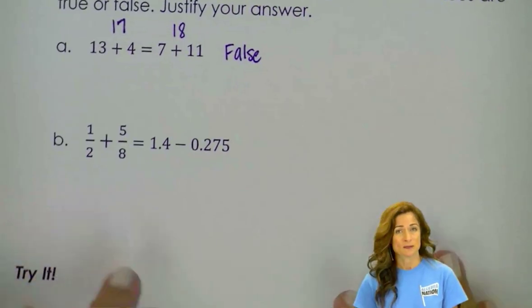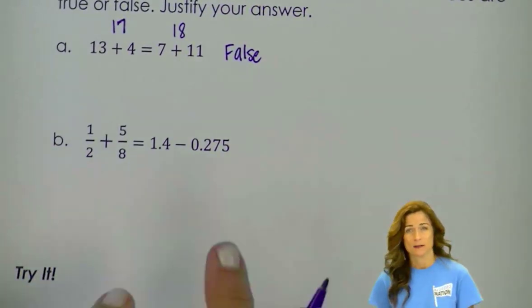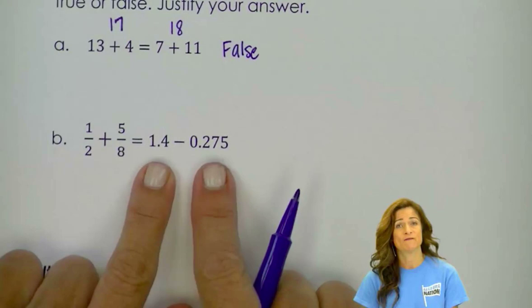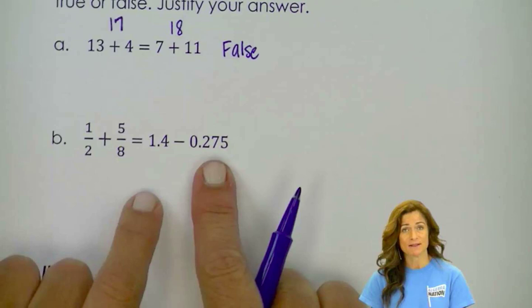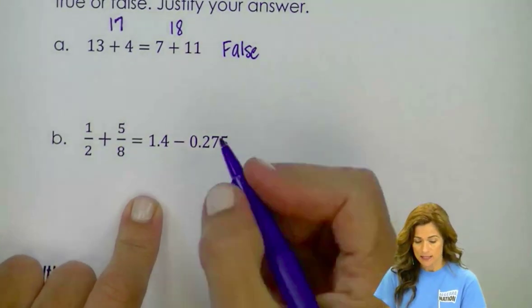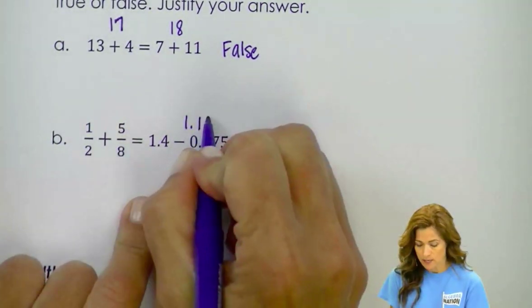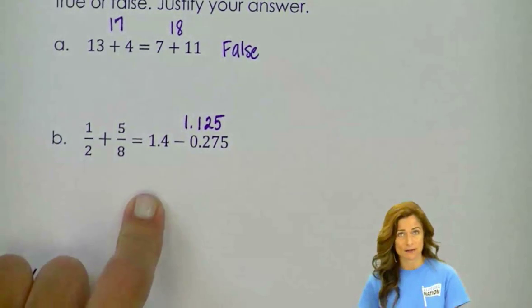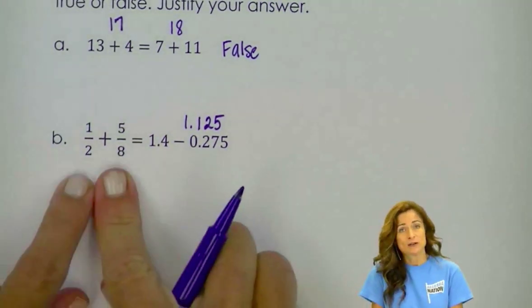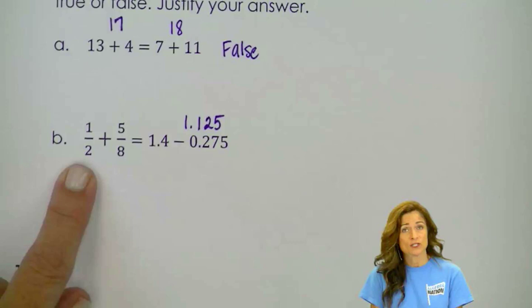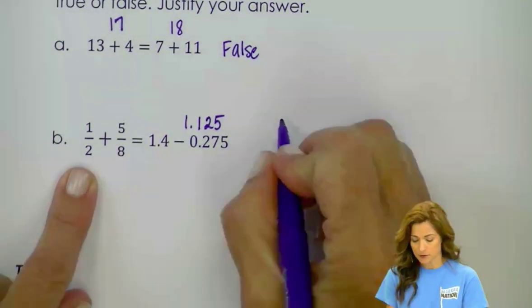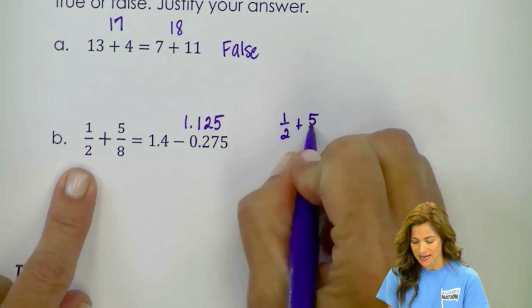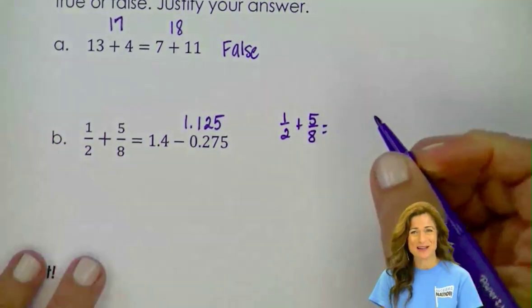What about this one? Well, let's look at this one. First of all, I know that 1 4/10 minus 275 thousandths is going to give me 1 125 thousandths. So what I need to do is determine if this is equal to 1 125 thousandths. Okay, so let's go. 1/2 plus 5/8. I have to find a common denominator, don't I?